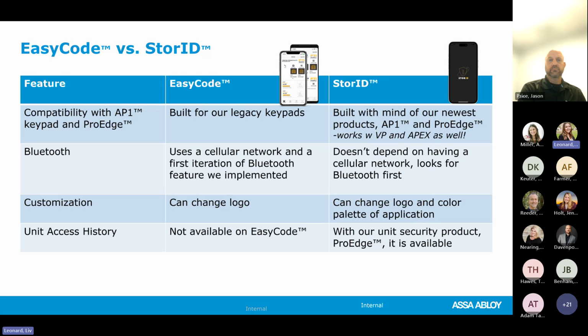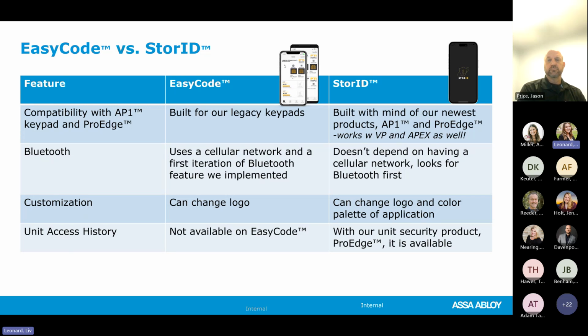Right. So as Logan mentioned previously, EasyCode showcases a more standardized experience with light branding. So it offers tenants mobile access, but it doesn't necessarily provide full white labeling like StorID does. They can essentially see facility information and the logo. But StorID is designed to be white labeled, meaning it can become an extension of the operator's brand.